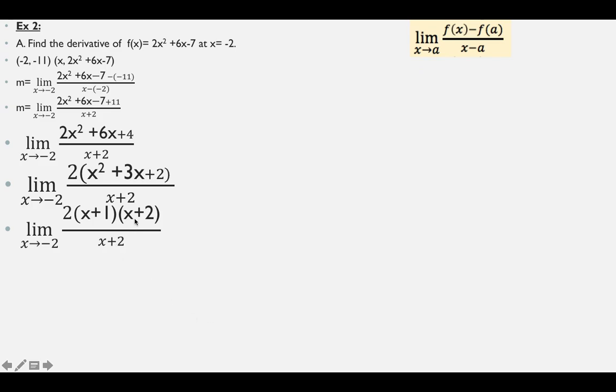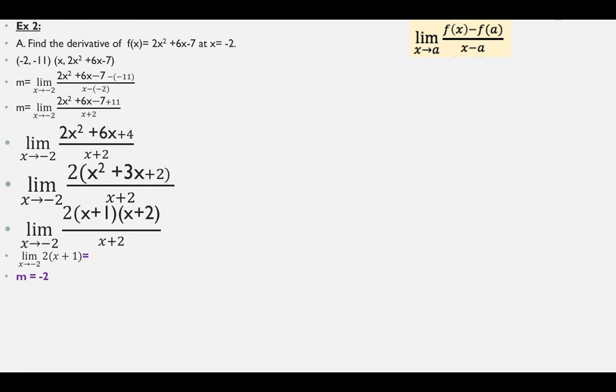But here we go. The x plus 2's cancel out. Now I'll be able to plug in the negative 2 right here. So it's going to be negative 2 plus 1. Negative 2 plus 1 is negative 1 times positive 2 on the outside. It looks like the slope of the tangent line right here is negative 2.